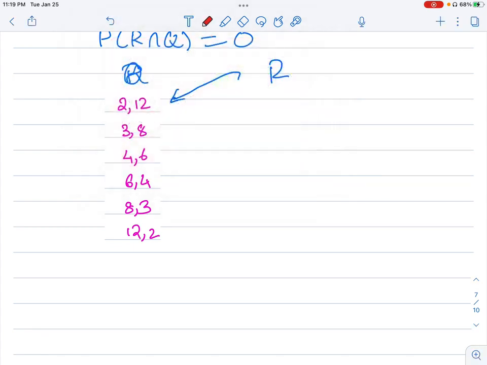Both the numbers should be greater than 8. So this is not greater than 8, not greater than 8, not greater than 8, not greater than 8, 4, 6, not greater than 8, not greater than 8. None of them are greater than 8. So there is nothing common which is greater than 8. So the probability of Q intersection R is equal to 0. So they are exclusive.